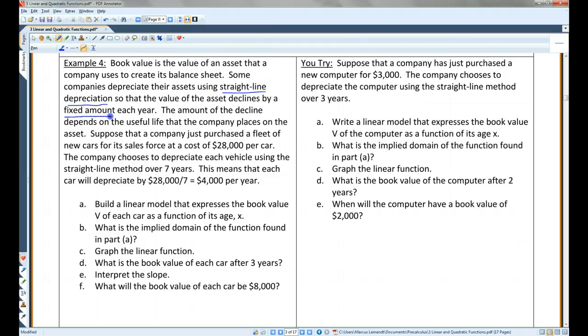That fixed amount is the slope each year. I'll write this down here. Linear equation. This is our slope. Okay? Actually, I'm going to write that a little bit bigger.